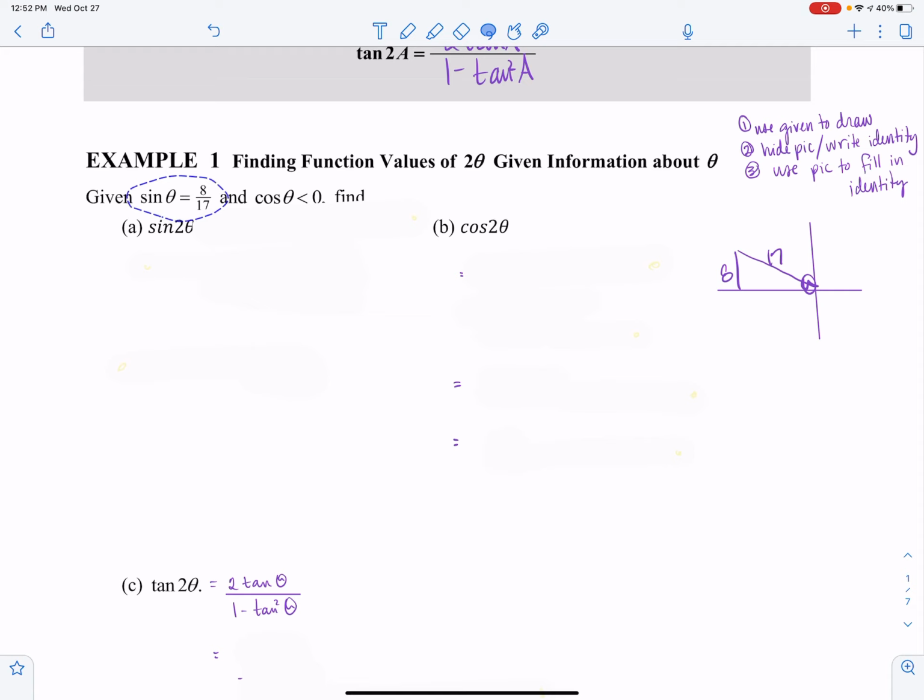Once it's in quadrant 2, I'll use opposite over hypotenuse to put my numbers in for the sine value there. Then I'll use the Pythagorean theorem, and I'll find that the missing side is 15, but it's going to be negative because it's going to the left.